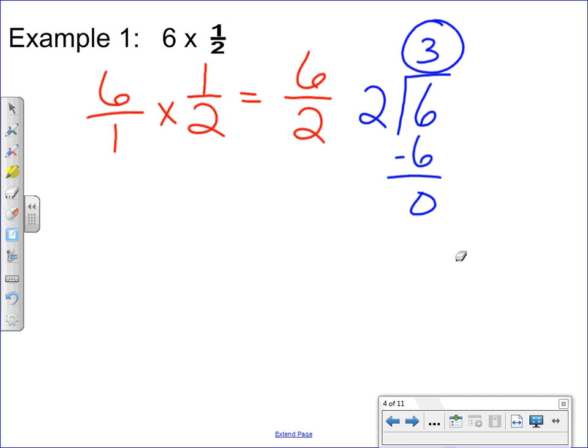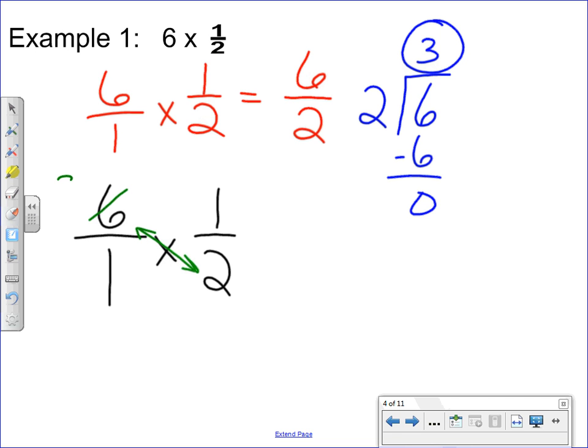Some of you might be looking at this fraction and say, you could have simplified before you started, and that's absolutely correct. If you look, my cross products, my 2 diagonals of 6 and 2, both can be divided by 2. So 6 divided by 2 is 3, so I could cross that off and write a 3. And 2 divided by 2 would be 1. So now if I do my math, 3 times 1 is 3, and 1 times 1 is 1.